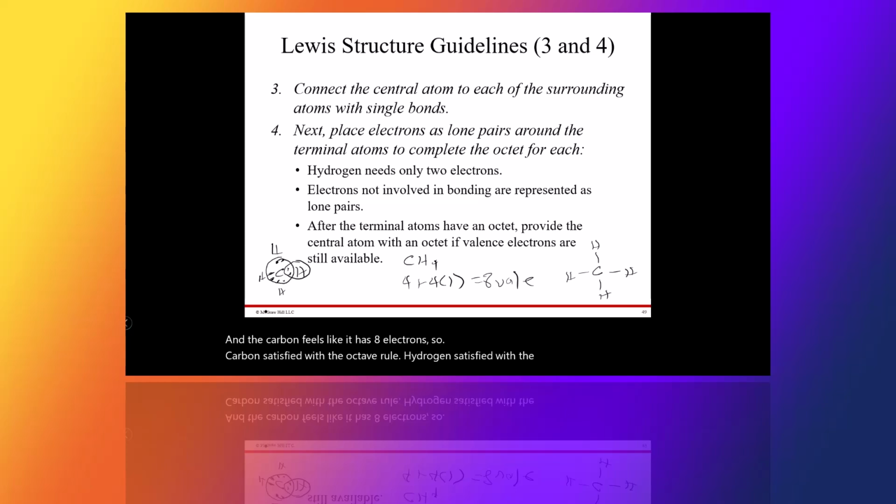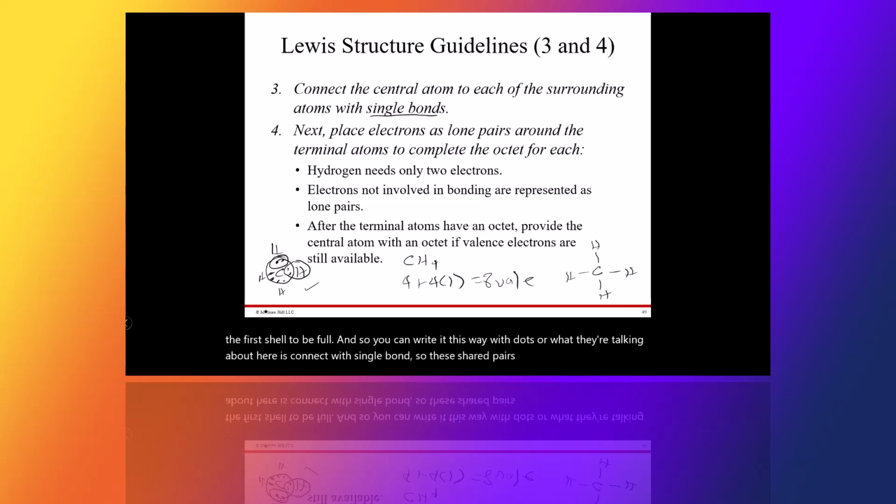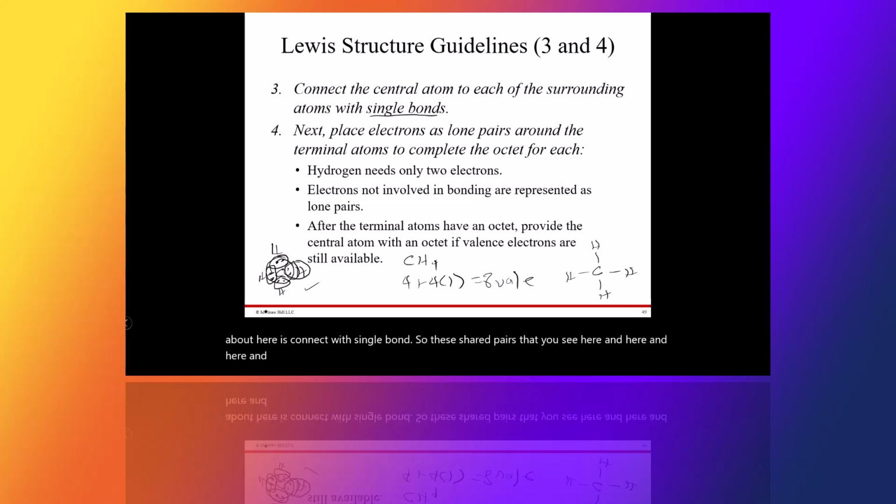It only wants 2 in the first shell to be full. And so you can write it this way with dots, or what they're talking about here is connect with single bonds. So these shared pairs that you see here, they're represented by these lines, which represents a single bond, which is the shortest and strongest, the longest and weakest of the covalent bonds.